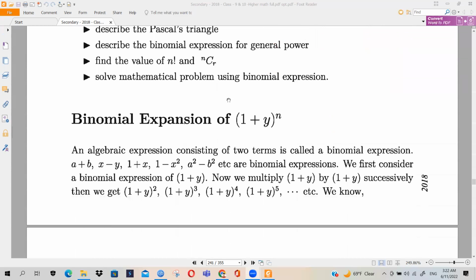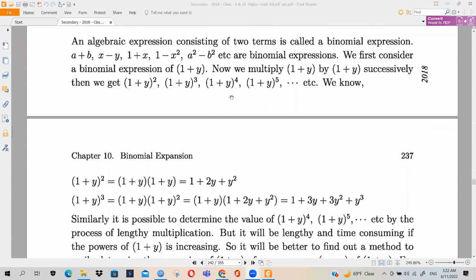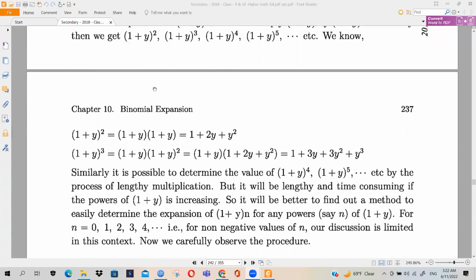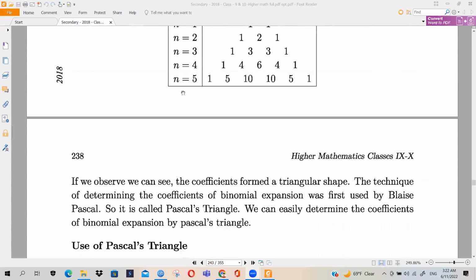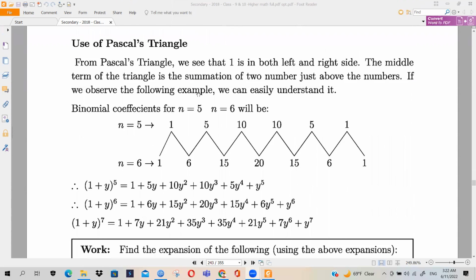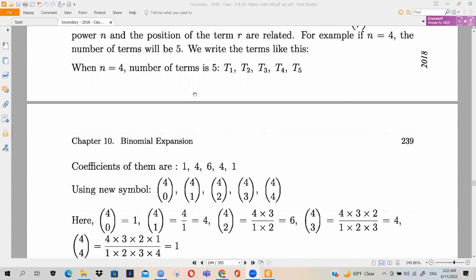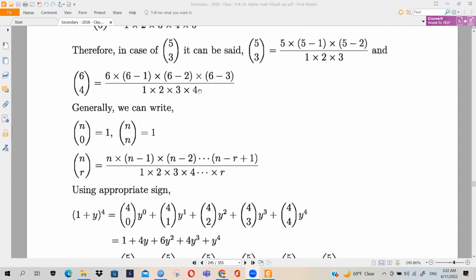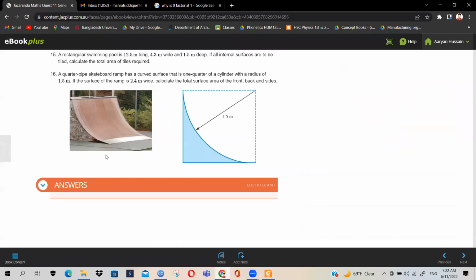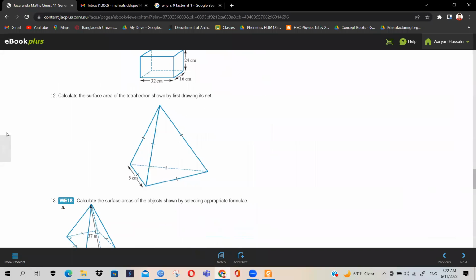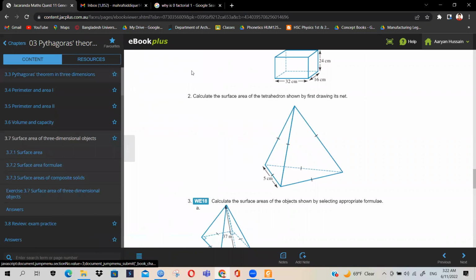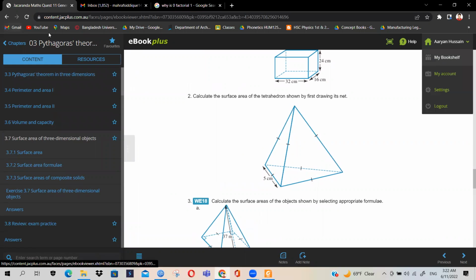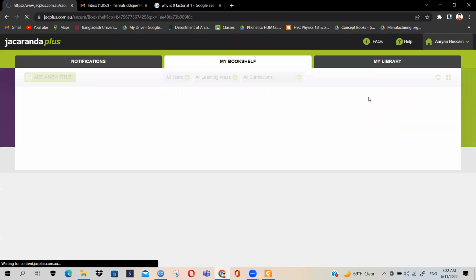Now let's see. Should I go to binomial expansion first, or should I go to factorials and then maybe permutations and combinations? Good choice. Let me check your syllabus first. It was in specialist mathematics, right?